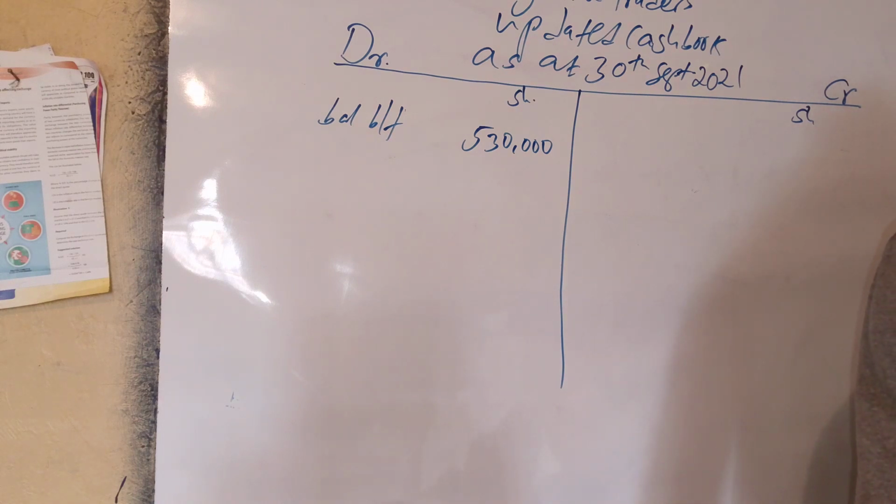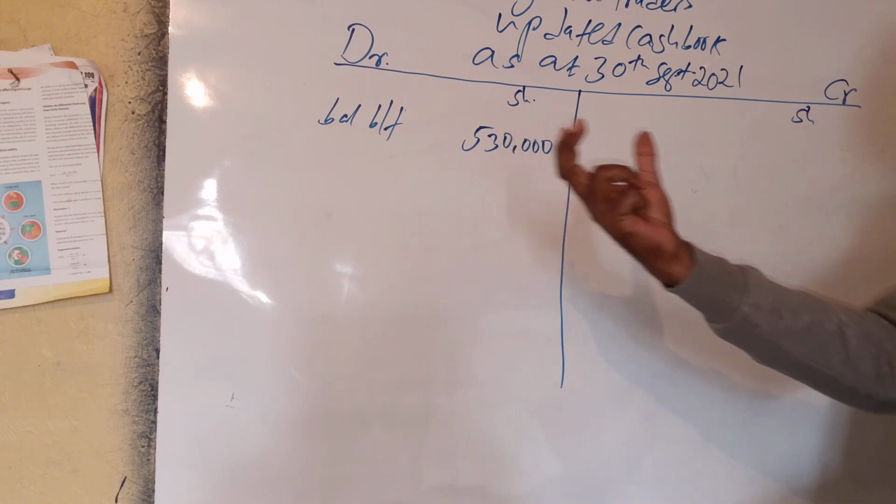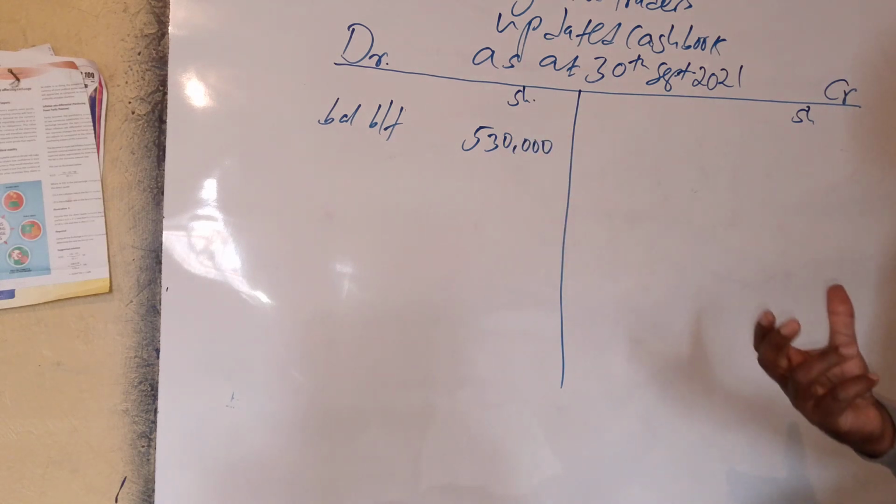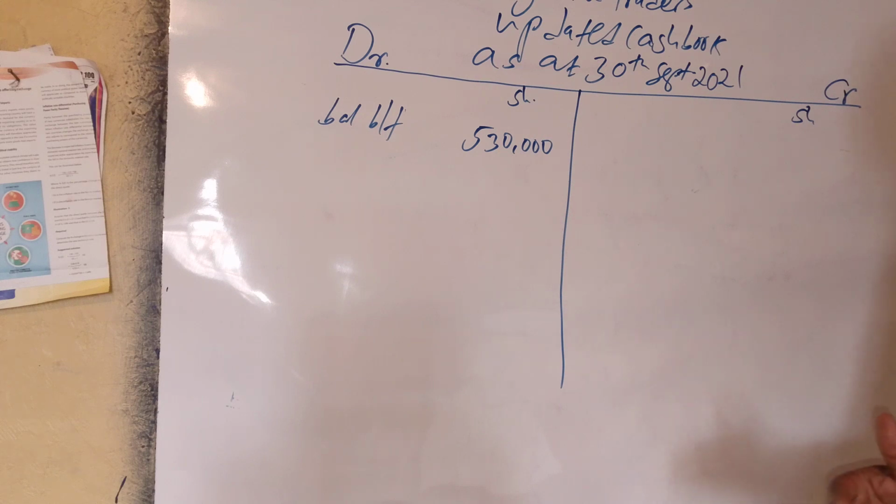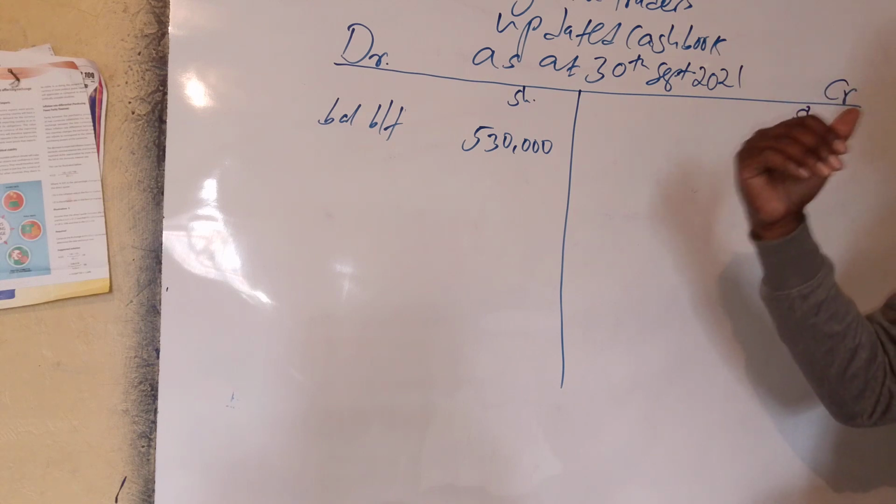Note number 1: a check received from a debtor for shillings 92,000 and debited in the cash book was returned by the bank, stamped insufficient funds, on 20 September 2021. So there was this dishonored check. And anytime there is a dishonored check, it means our money is reducing, because we had already recorded that we received this amount from the debtor, but the bank dishonored the check, and therefore that should reduce our money.